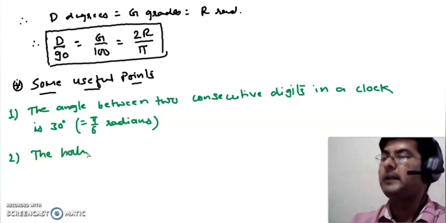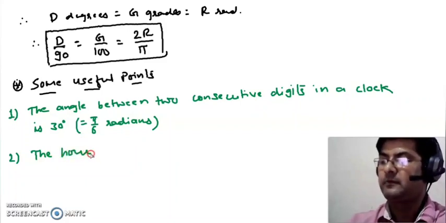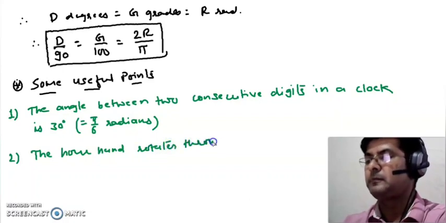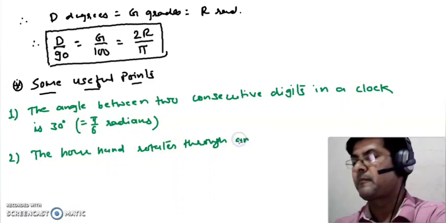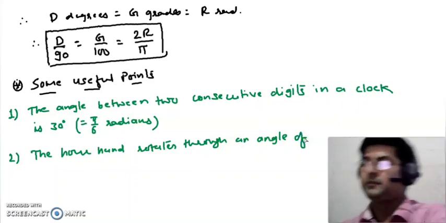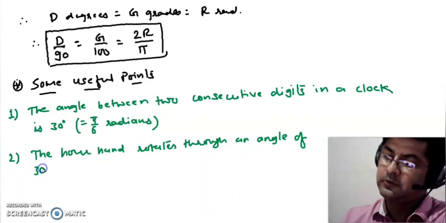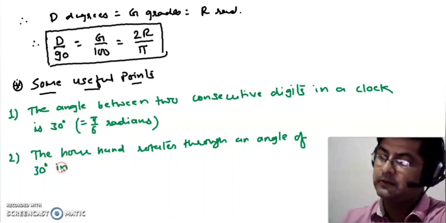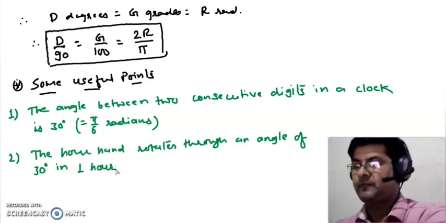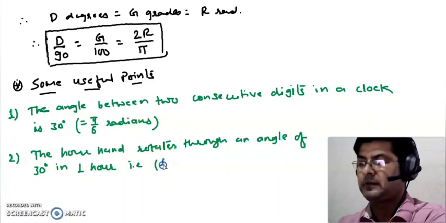Okay, point number 2, the hour hand rotates through an angle of 30 degrees in 1 hour, that is half a degree in 1 minute.